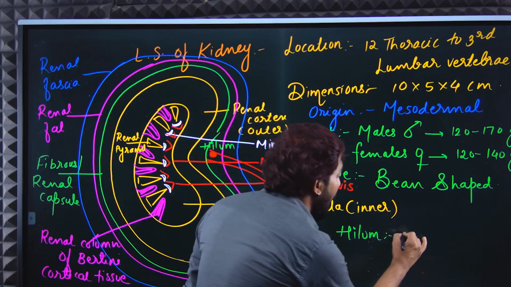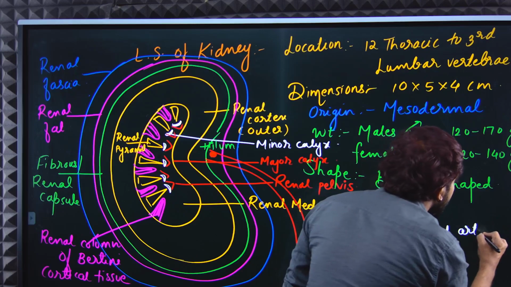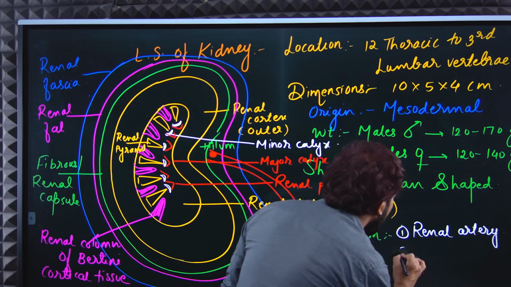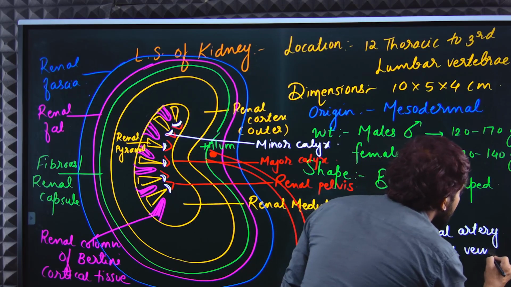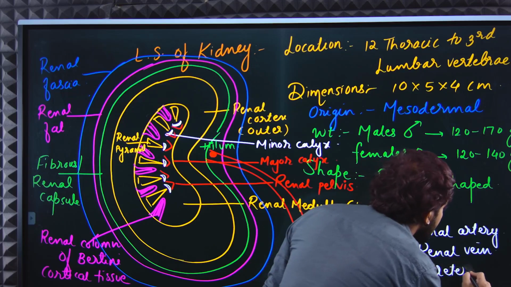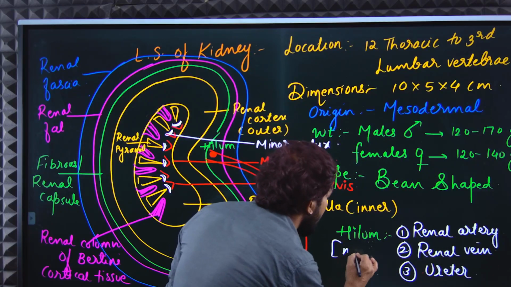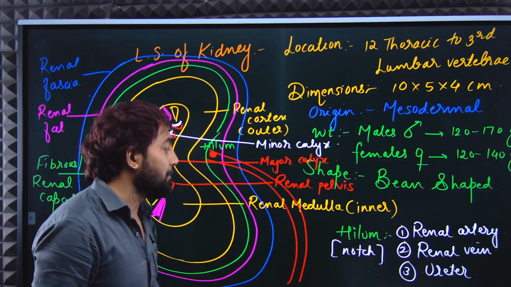The first one is the renal artery. The second one is the renal vein. And third, which comes out, is the ureter.